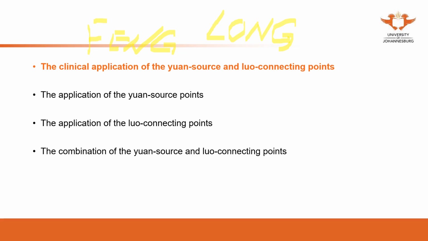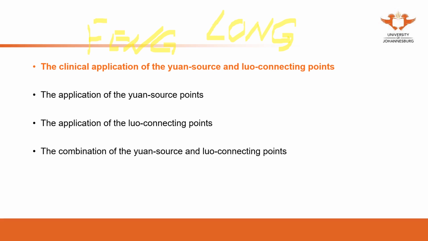The Luo connecting points can be used to treat both of these meridians. The Luo connecting points can be used for the diseases that are related to the coupled meridians. If both of these meridians are affected, then you can choose the Luo connecting points.